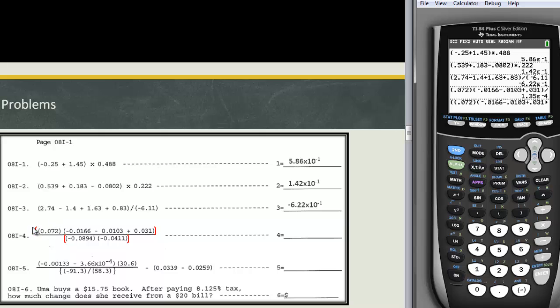So let me go ahead and enter it from scratch. In my mind, I'm telling myself I need two parentheses on top.